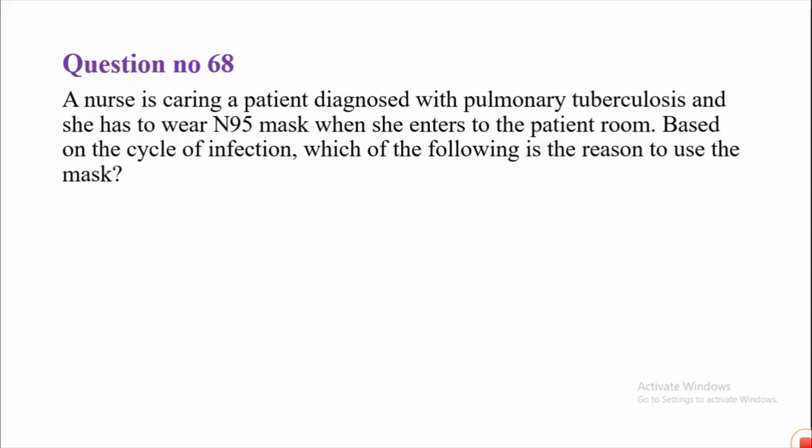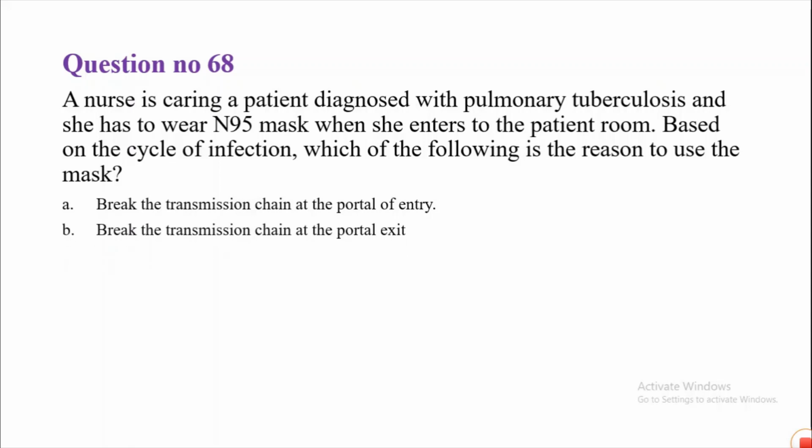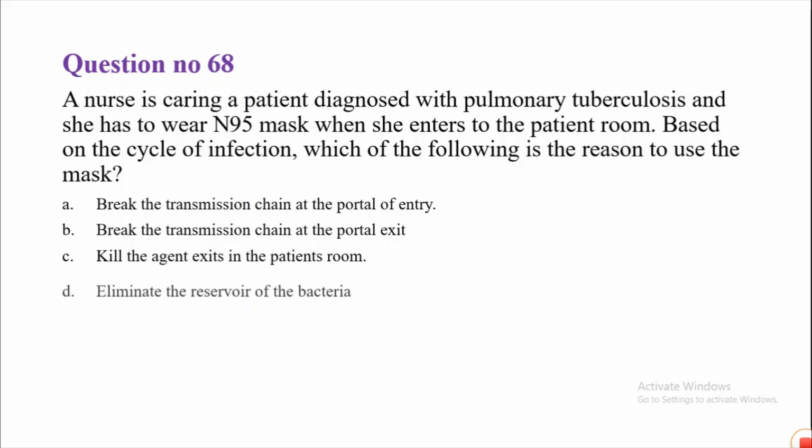The options are number A, break the transmission chain at the portal of entry. Number B, break the transmission chain at the portal of exit. Number C, kill the agent existing in the patient's room. Number D, eliminate the reservoir of the bacteria.